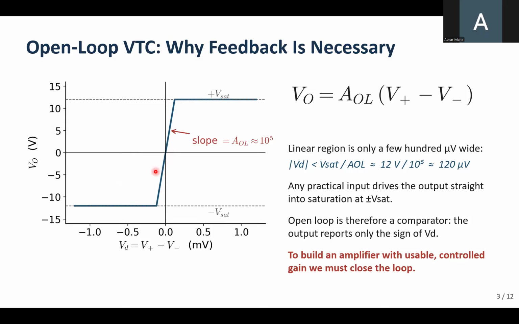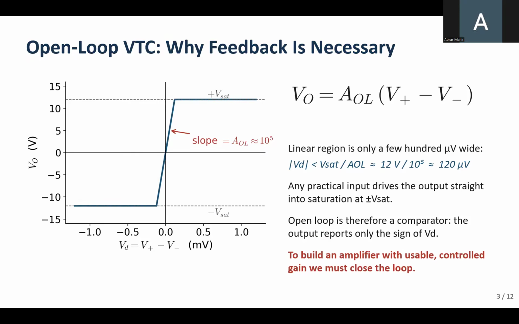So a very tiny difference in the input creates a very large output voltage swing, and this is very unstable for operation. We want a very controlled amplification for our circuits. This property is not really useful for applications, and in real life, we use feedback loops to control the amplification, and we will discuss it in the coming slides.